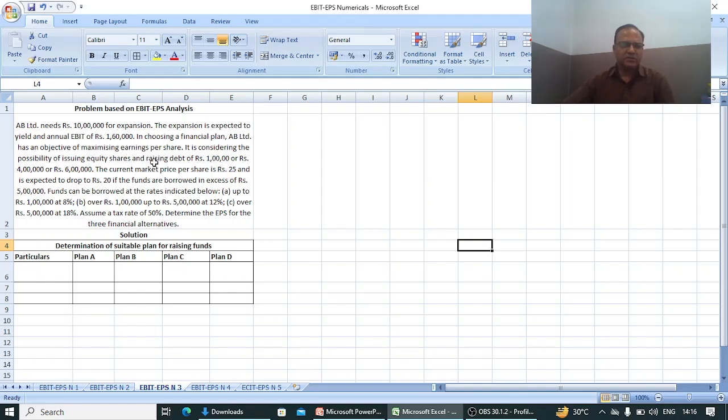Choosing a financial plan, AB Limited has an objective of maximizing earning per share. It is considering the possibility of issuing equity shares and raising debt of rupees 1 lakh or rupees 4 lakh or rupees 6 lakh.